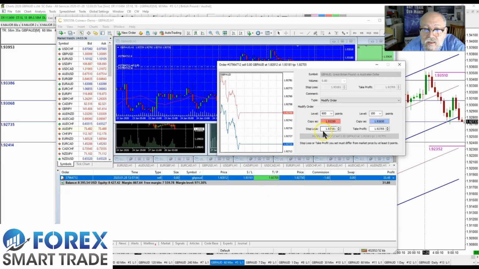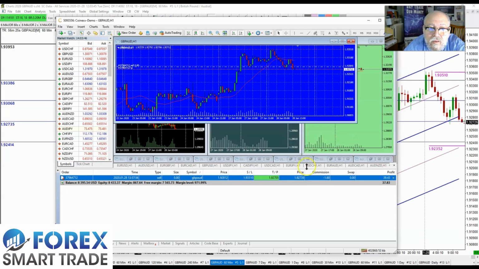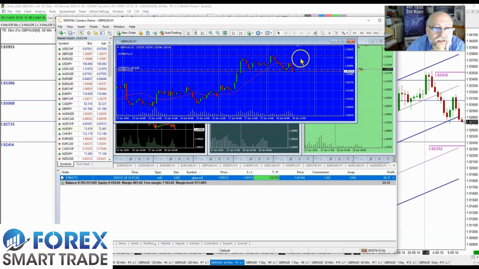So to change that, modify, 1.9351. There we go. So a little bit more aggressive, and actually in looking at it, I'm going to even push it just a hair above where it's traded at, so I don't get stopped out.